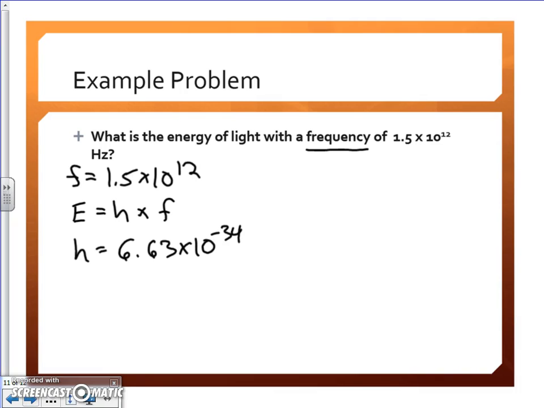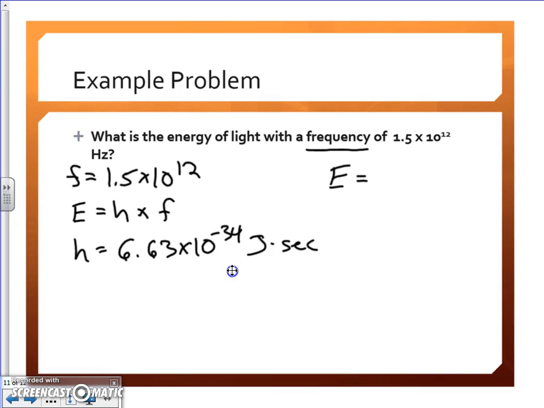So now, think about what we have, plug it in, and this one is pretty straightforward. We're given frequency, which is in 1 over seconds, H is in joules times seconds, so our units agree. We can just plug this right in.